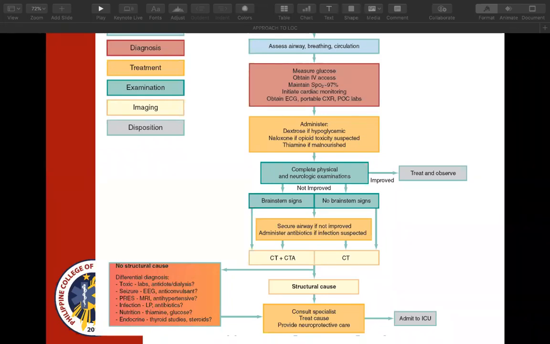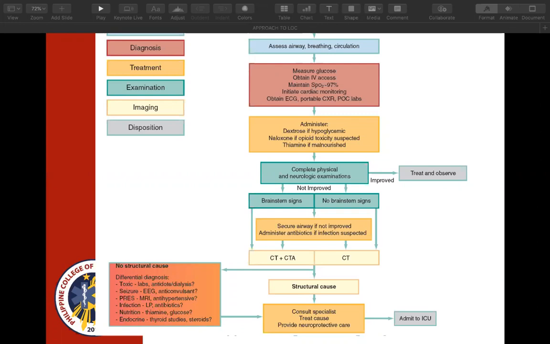Usually we aim for 94 percent and above. And then we initiate cardiac monitoring and obtain, again, a 12-lead ECG, portable X-ray, and point-of-care laboratories. If the patient is hypoglycemic, we give dextrose. If you're suspecting opioid toxicity, we give naloxone. If the patient is malnourished, we give thiamine.